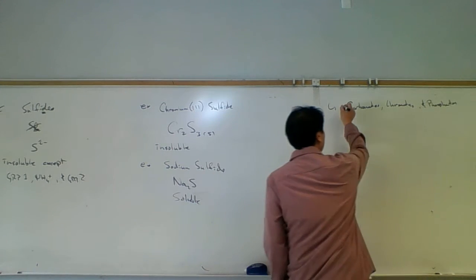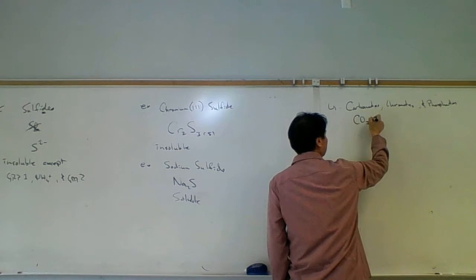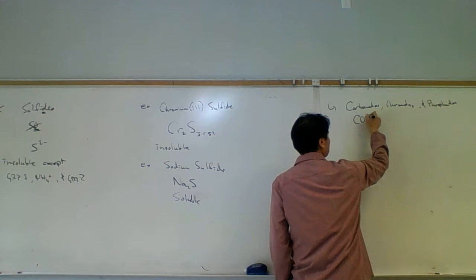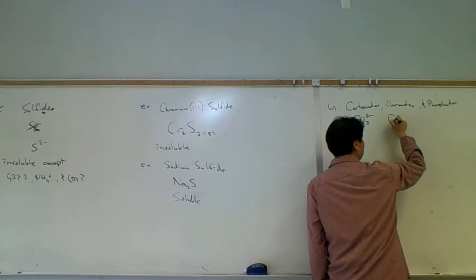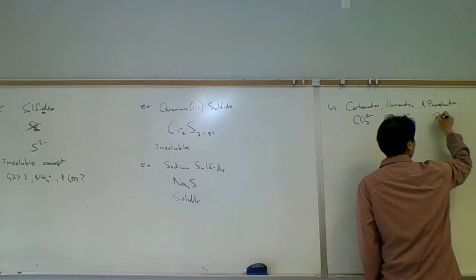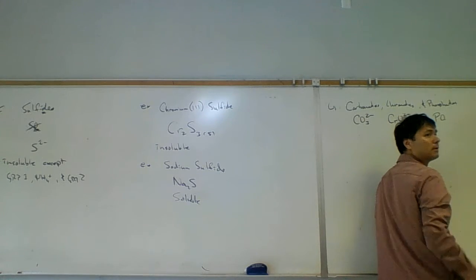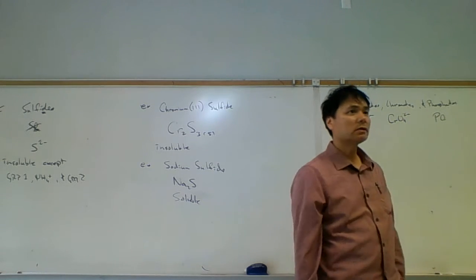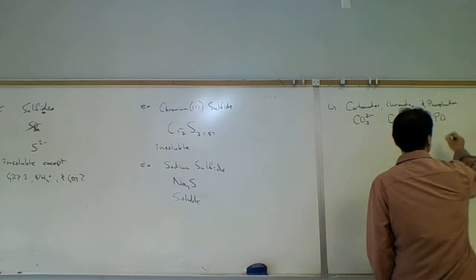What's the formula for carbonate? CO3, good. Charge? 2 minus. Chromate? CrO4, charge. Phosphate, PO3. Is it 3 oxygen or 4 oxygen? PO4. Charge?